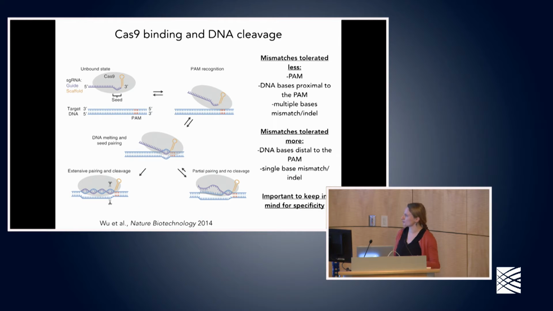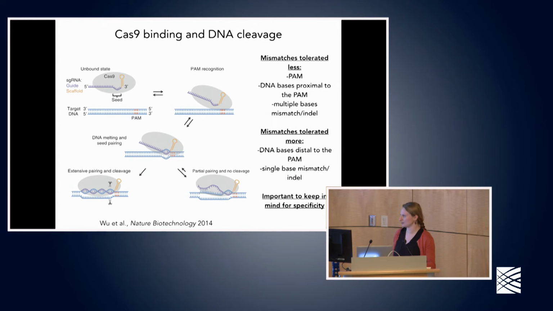So to further go through these and talk about the mechanism of DNA binding and cleavage, here's a nice schematic that I like to refer to. And it's also important to go through this because it relates to the specificity of Cas9 genome editing, which is very important. So again, you have the enzyme complex with your crRNA, and then you have the double-stranded DNA.